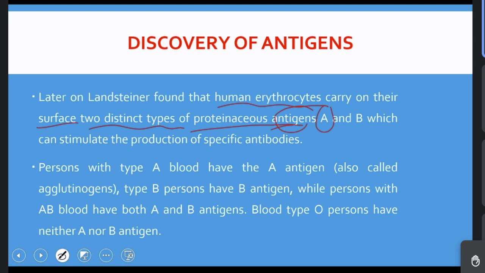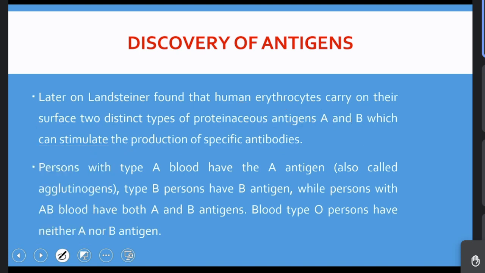So he used the letters A and B for these two types, because during the combination or mixing of the bloods, he could observe only two different types of blood groups. So one blood group is said to be caused by one antigen, and this is given the name A, and the other he called B. And these A and B cause agglutination because they stimulate the production of specific antibodies.